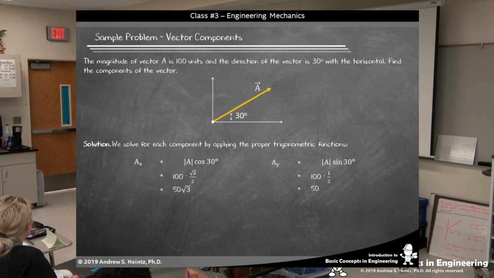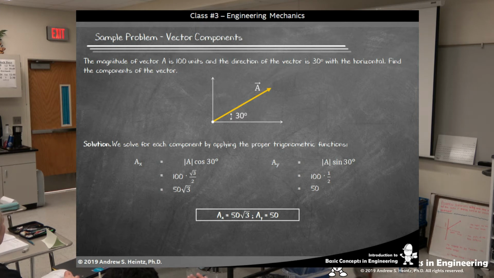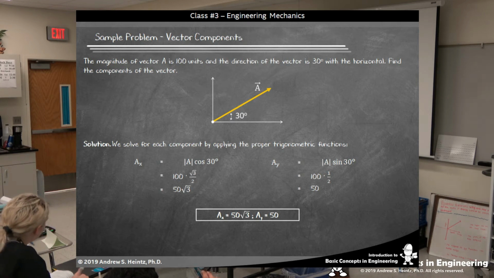And then what did you get for the y component? You got 50, perfect. So she did it perfectly. All we're doing is taking the vector itself times cosine of 30, and that gives us the x component. The vector itself times the sine of 30 gives us the y component, which is 50.